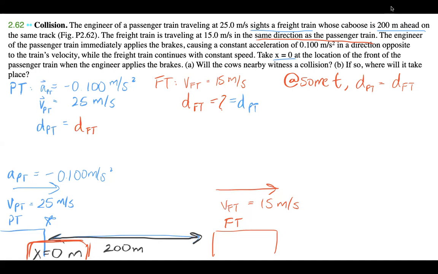And how we relate these two is going to be through time, right? Because two trains can't be at the same location at the same time without a collision, so we're assuming that. So what is t? We're going to connect these two together because these t's are equal to each other.